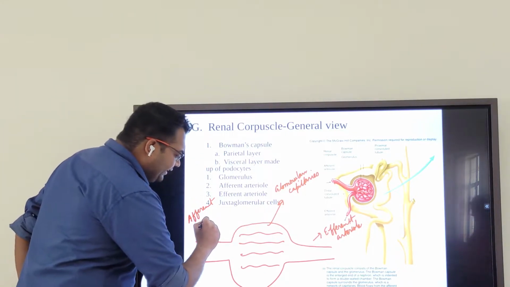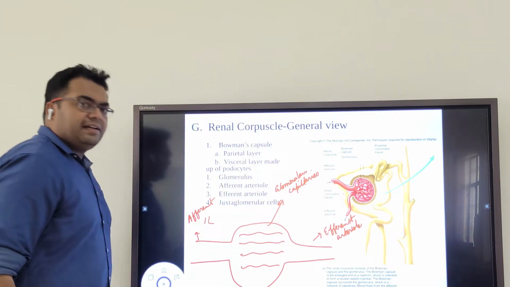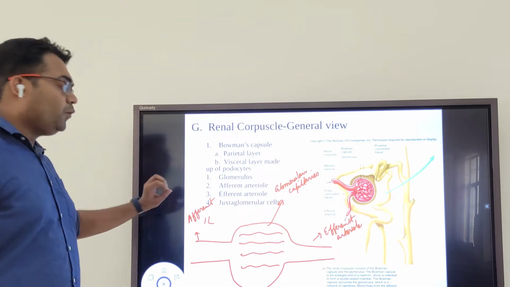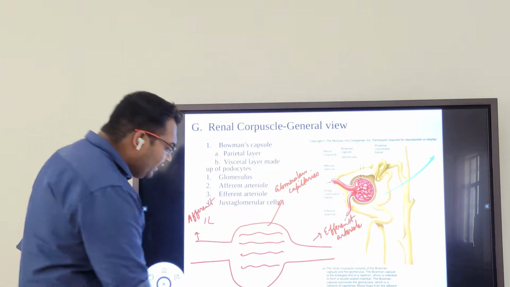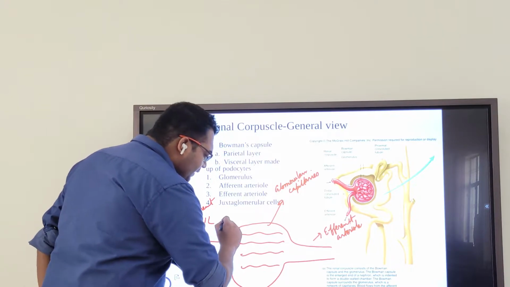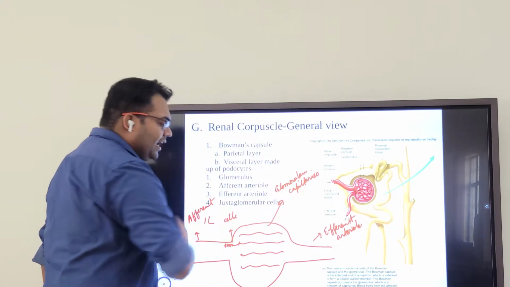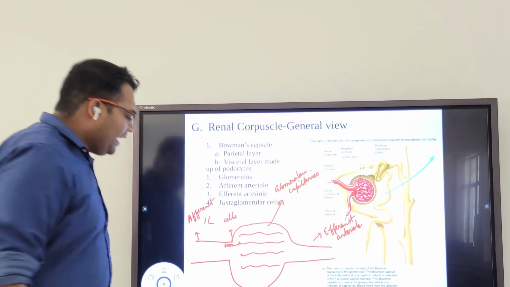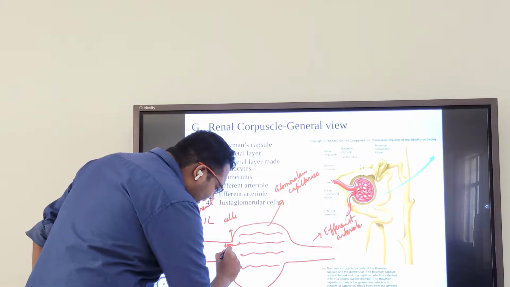Let's suppose 1 liter of blood is reaching the kidney per minute. 1 liter will have 400 ml of cells, RBC, erythrocytes, leukocytes, macrophages, all those cells, and 600 ml will be plasma.